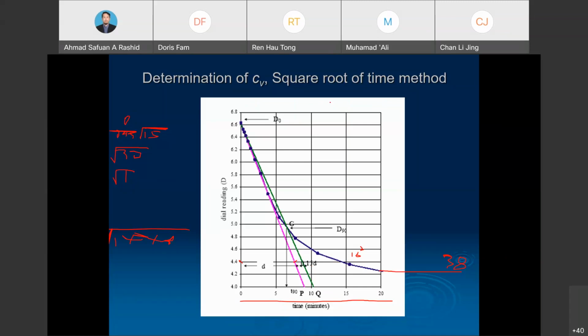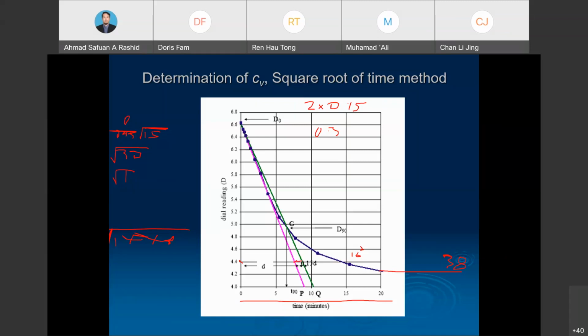For example, if the D is equal to, kita guna pembaris lah, 2 centimeter, then we multiply with 0.15. So it becomes 0.3 centimeter. Then extend 0.3.